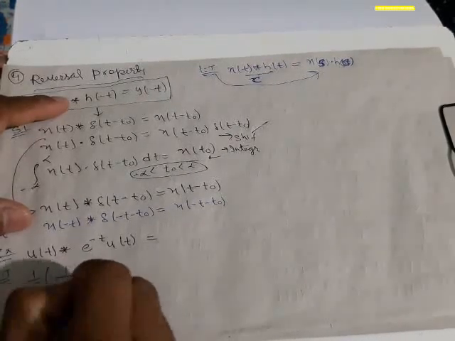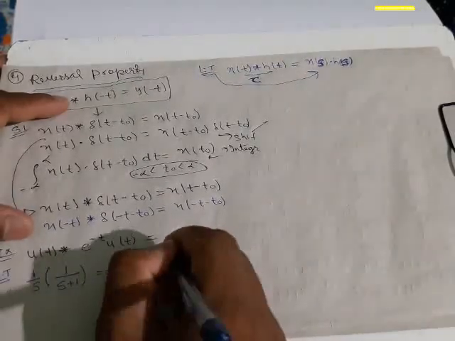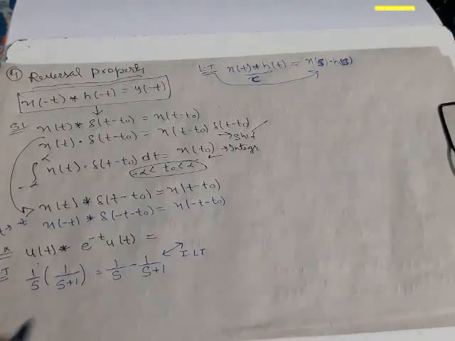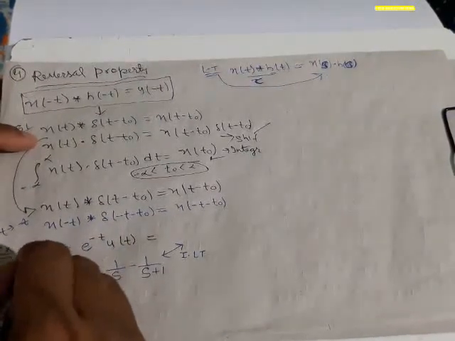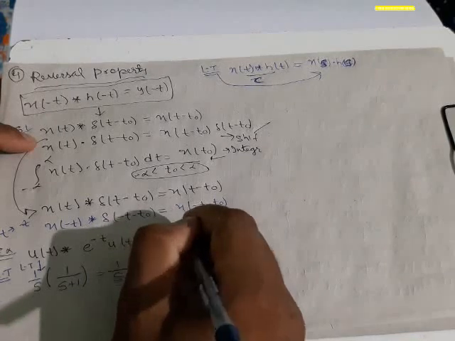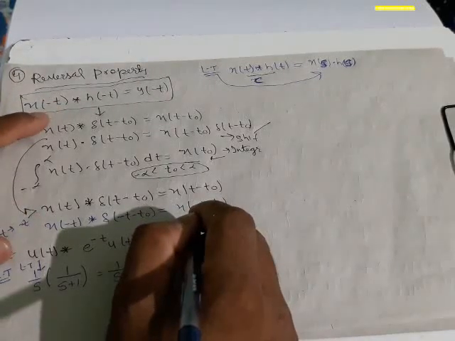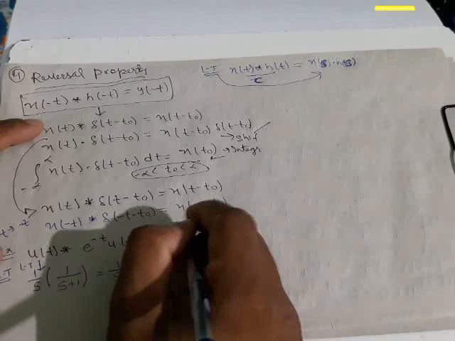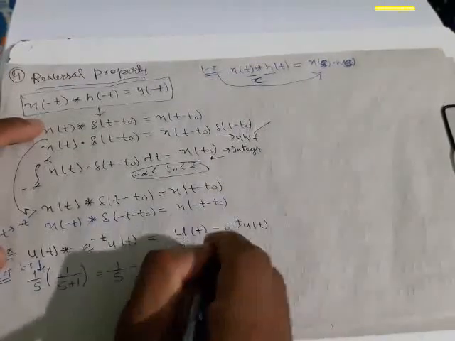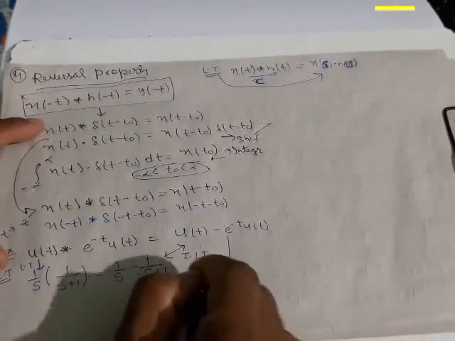Now see here the next one. If we are giving x2 of t as a rectangular function, rect of t minus 0.5, that means the rectangular function is shifted by 0.5.